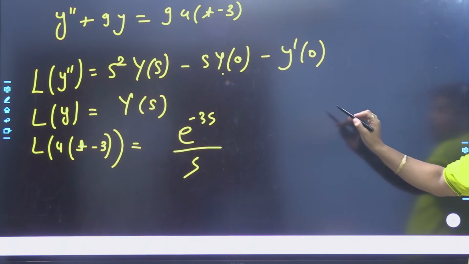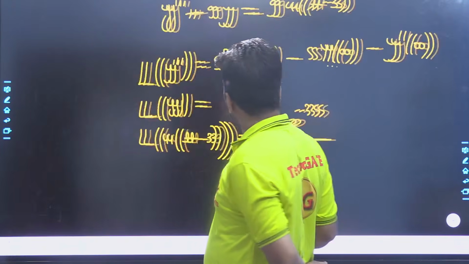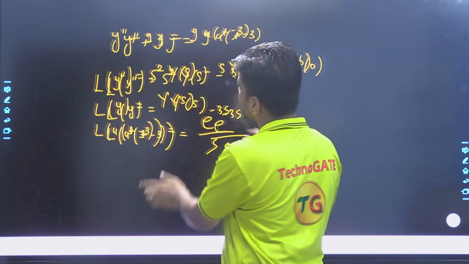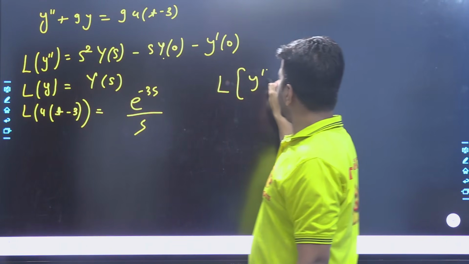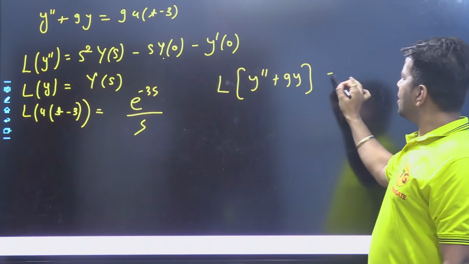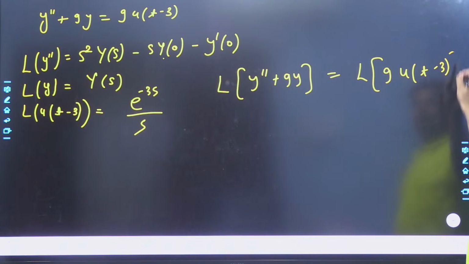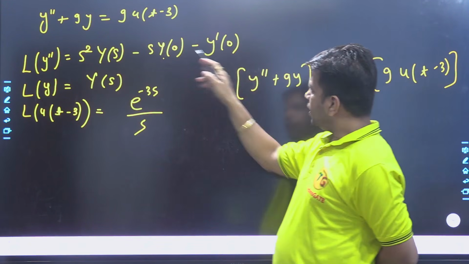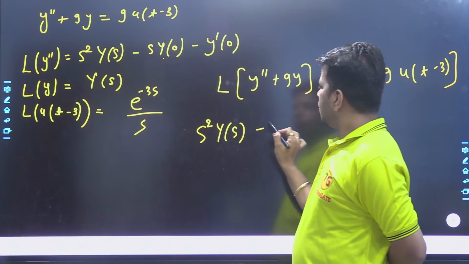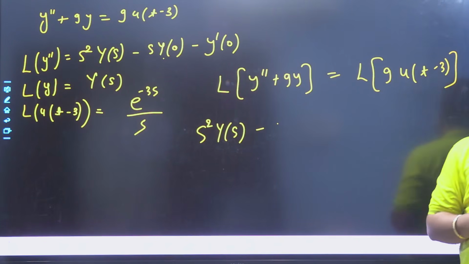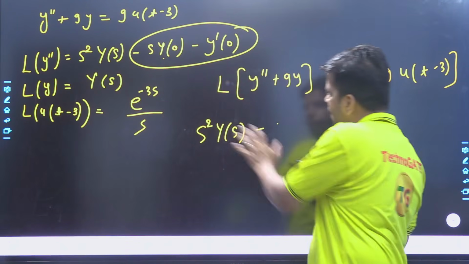So just see here, if we are finding the Laplace of y double dash plus 9y, and on this side the Laplace of 9u(t minus 3). The Laplace of this is s squared Y(s) minus s y(0); y(0) is 0 and y dash(0) is also 0, so this term goes to 0 here.